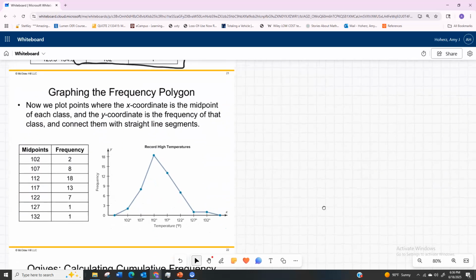Okay, so what next? Well, we're going to do the same thing we did before. We know that we have to get our frequency as high as 18 because that's the largest number in all the frequencies.